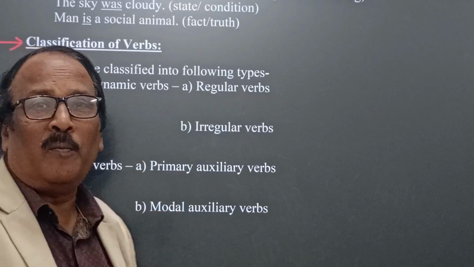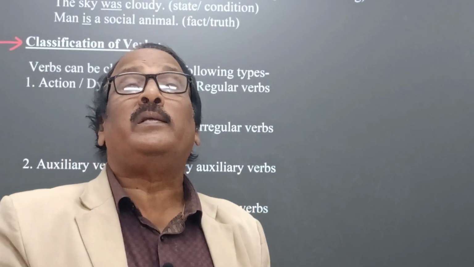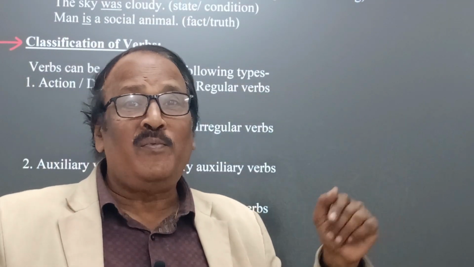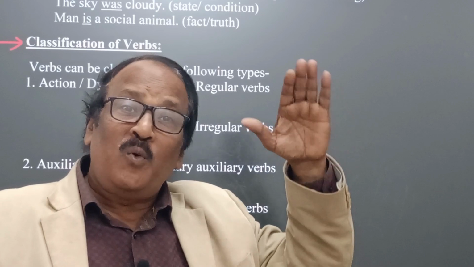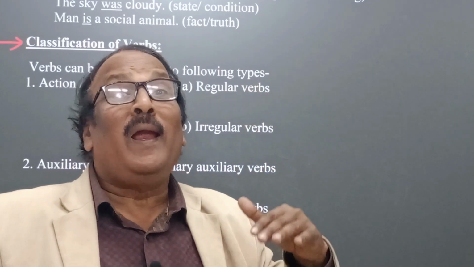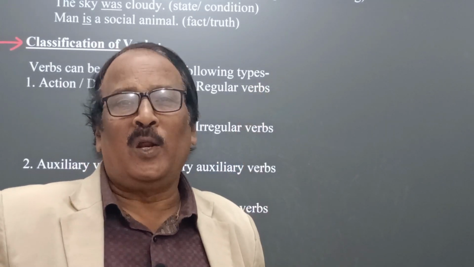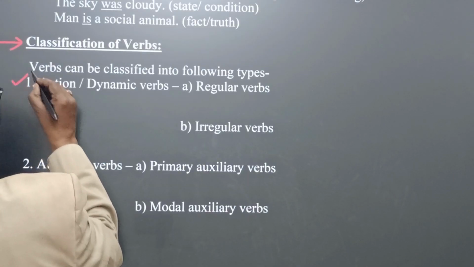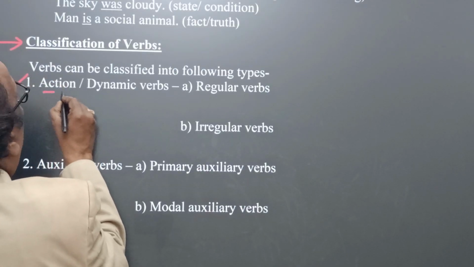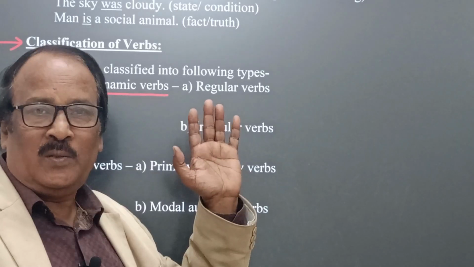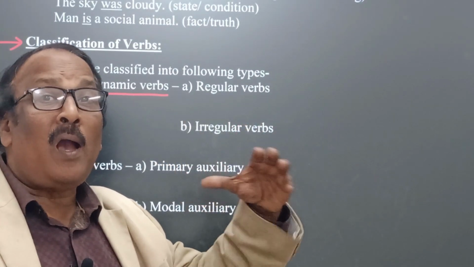Classification of verbs. Yes, as there are different types of verbs, we have to classify them into 12 categories. Point 1, that is action or dynamic verbs. These verbs express action.